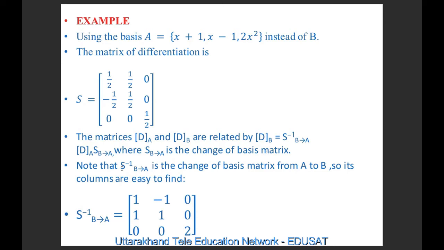So S inverse BA is the change of basis matrix from A to B, and its columns are easy to find. So S inverse BA is 1, minus 1, 0; 1, 1, 0; 0, 0, 2.